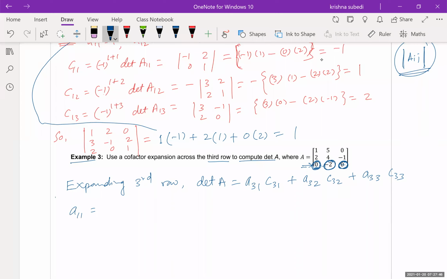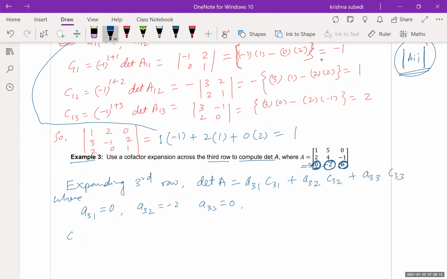Okay, now let us calculate this. A31, you already know. A sub 31, which is 0, A sub 32, which is -2, and A sub 33, which is 0. Now let me calculate what is this C31.